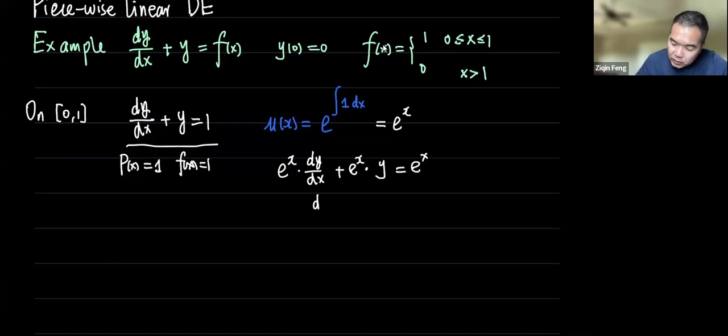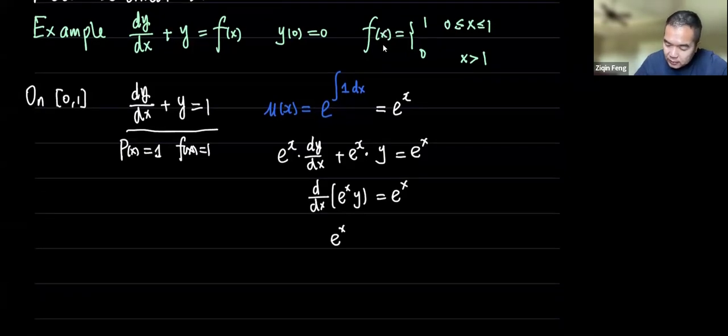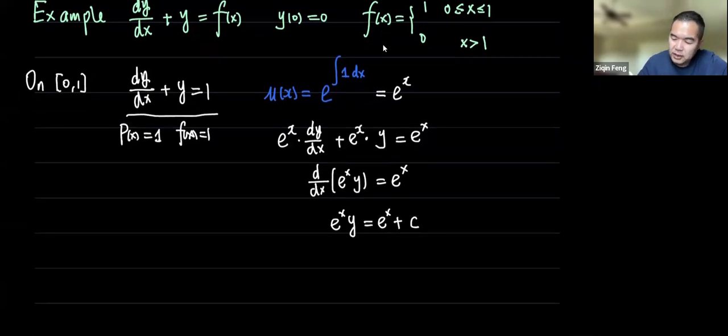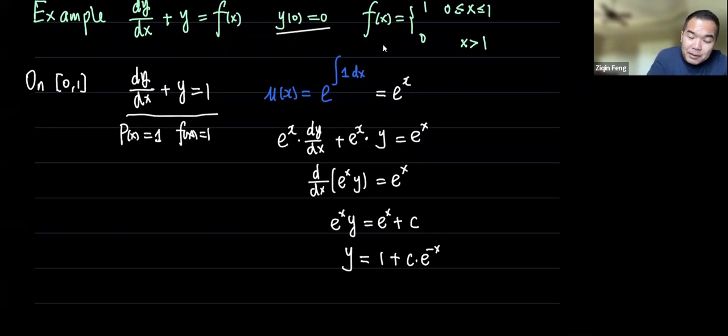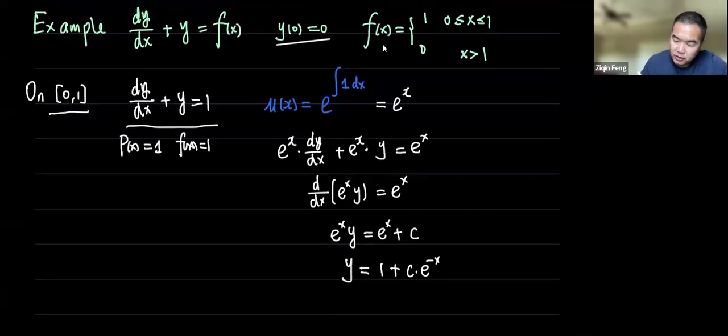Left side is d over dx of e to x y. Right side is e to x, and take the antiderivative, you get e to x y equal to e to x plus a constant c. And so y here is 1 plus c times e to negative x. Because we have an initial condition, y of 0 equal to 0, which happens to be in the first interval, we can figure out what c is.